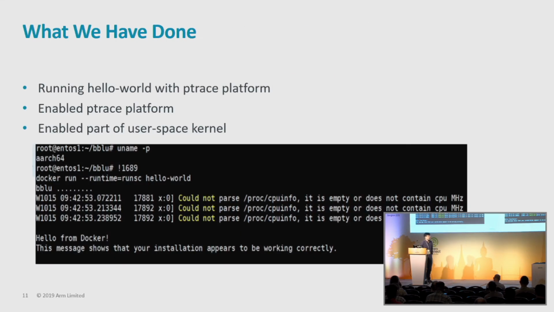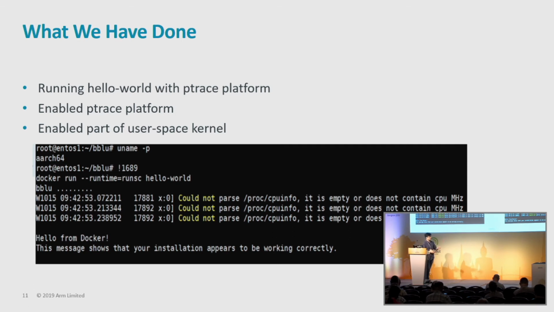Okay, let's see what we have done. Currently, we have enabled ptrace on ARM. So it means we can use the ptrace platform to intercept syscalls and exceptions on ARM and provide the user space kernel for Docker applications. For this story, we rewrote several modules for the ARM platform, such as arc, kernel, stub, and so on.